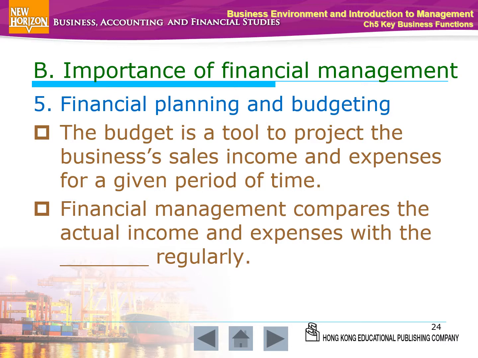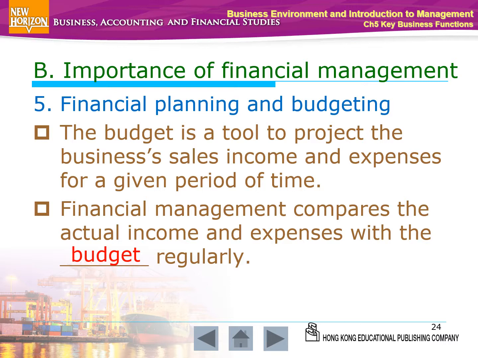The manager will compare the actual income and expenses with the budget regularly. That means do not be lazy and do nothing during the year. The manager will keep on looking at the actual expenses and actual incomes.